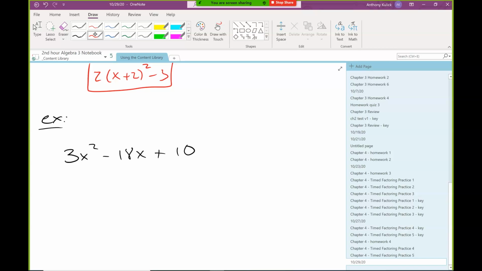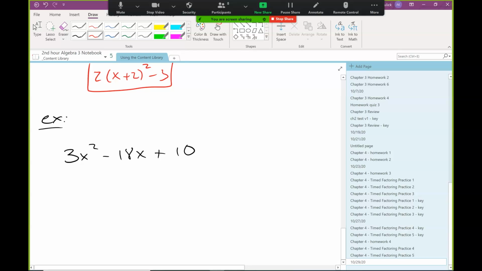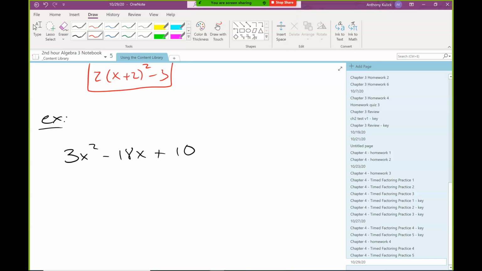Okay. So let's say we have 3x squared plus or minus 18x plus 10. First thing I need to do is factor the 3 out from the stuff with the x's on it.